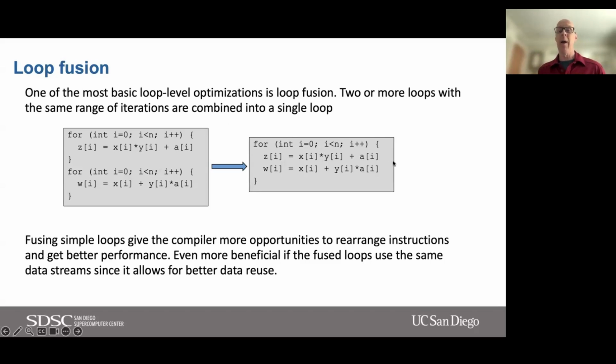So if you look at the fused loop on the right, the two assignments to array Z and array W, they're both operating on the same arrays, A, X, and Y. So when we're doing the calculation to update Z sub I, we've loaded X sub I, Y sub I, and A sub I into cache. In fact, it's going to be in the registers. And then for the next operation, it's going to be immediately available.